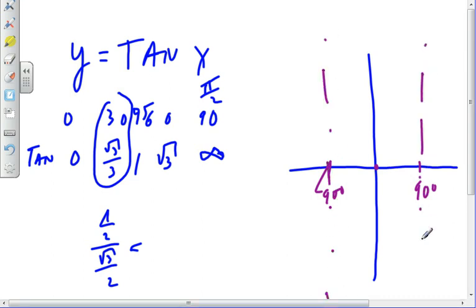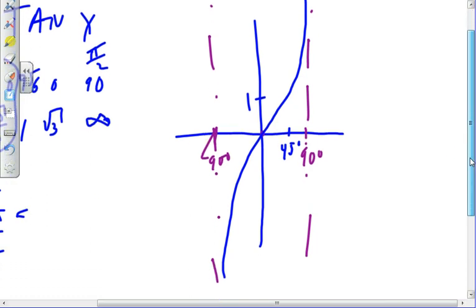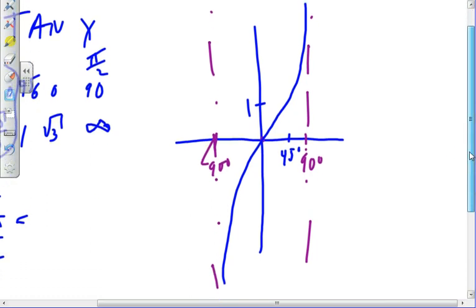I know I'm not supposed to go across my construction line. Then I come down, I go through there, and at 45 degrees, I'm at 1.